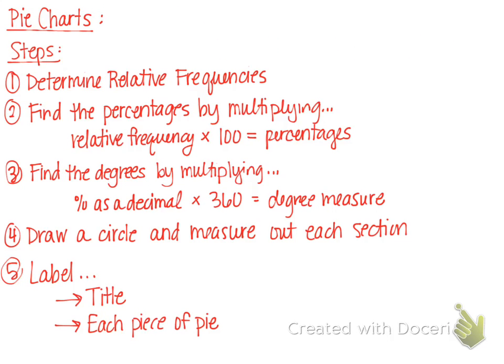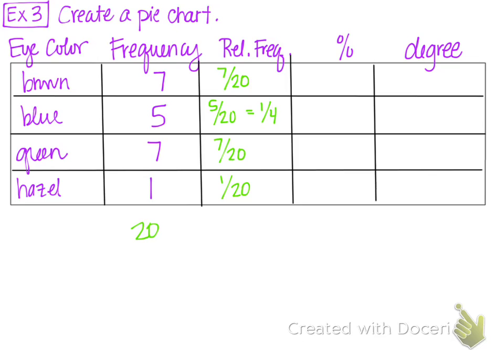After you determine the relative frequencies, you've got to find the percentages by multiplying the relative frequency times 100. So when you put these in the calculator, this is what you need to do. Say like this one, you'll say 7 over 20 and then times 100 in the calculator. And for the first one, that gives you 35%.